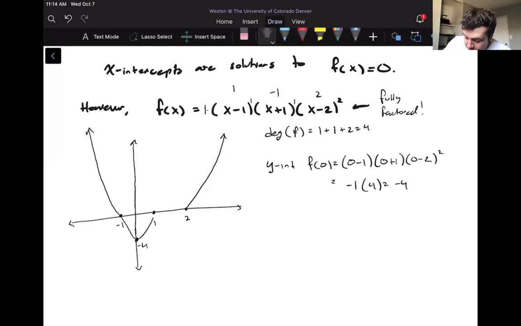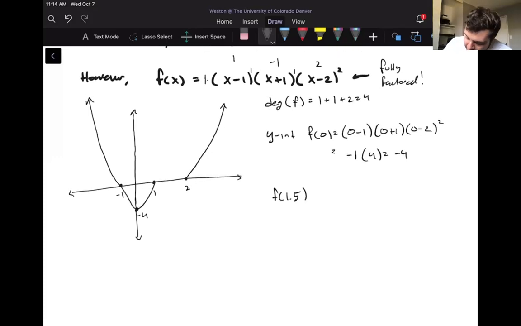And then we know we come back up to 1. And then we'll just check what's going on between 1 and 2. You can do that by just plugging in one value, let's say f of 1.5.